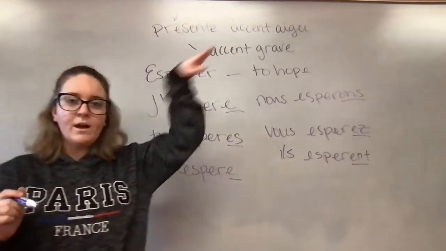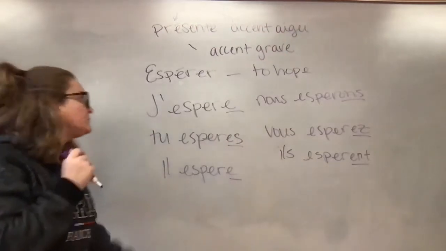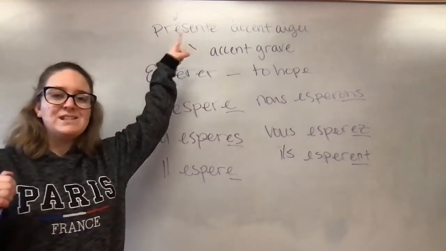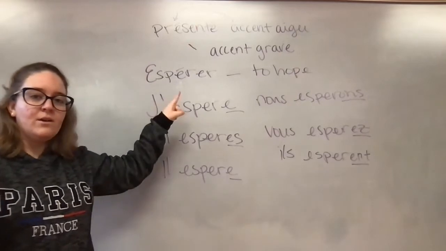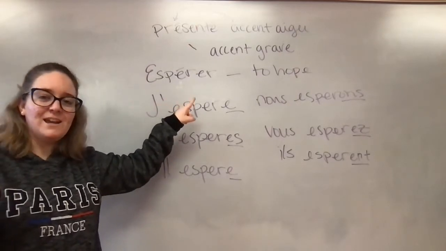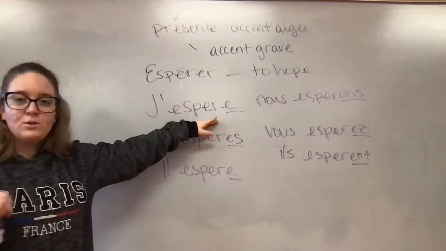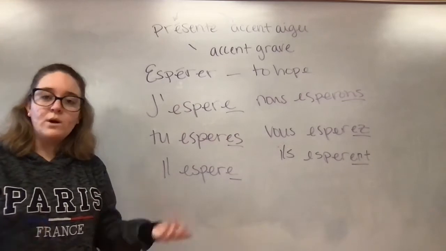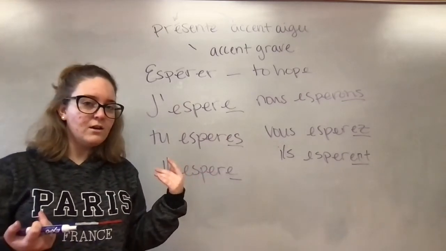All right, so when it's pointing up, it's an accent aigu. If it's pointing down, it's an accent grave. All right, so we have this accent aigu. Remember, accent aigu makes the A sound. Présente. Okay? We hear it here too. Espérer. Okay? But when we get into the conjugated forms, j'espère, we don't hear that A sound anymore. Okay? So what accent do we think that we need?